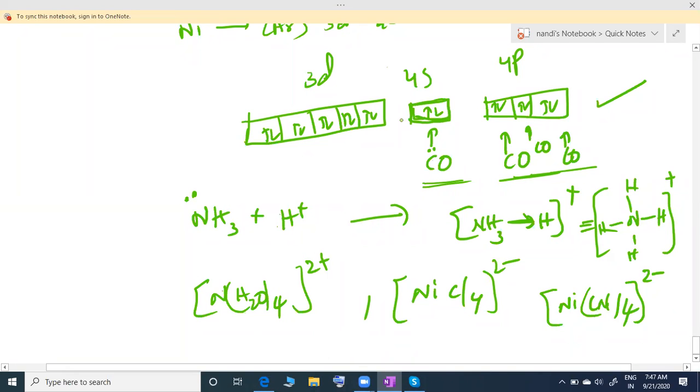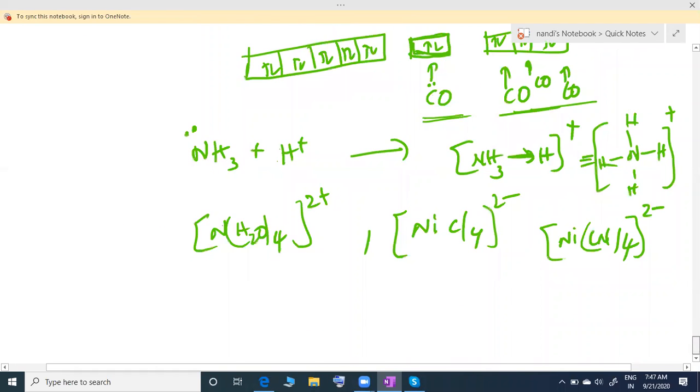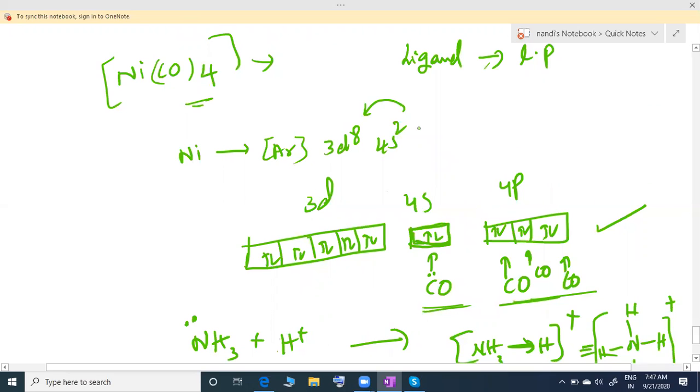Here, previously you can see a number of unpaired electrons, and now after complex formation, we can see the unpaired electrons. If you observe here, 3d8 nickel, 3d8 argon, and 4s2.